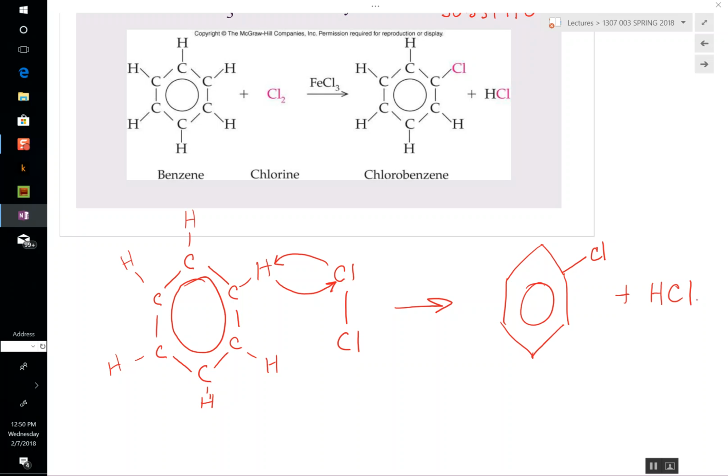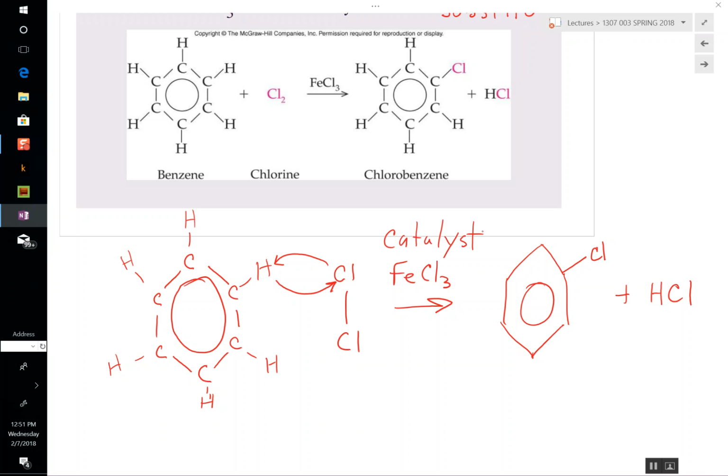Even though the aromatics are in Chapter 11, and Chapter 11 has double bonds, where you've learned that halogens add across a double bond, they don't do that with an aromatic molecule. They substitute. And the iron chloride here is a catalyst. I'm sure there's other catalysts, but this is the common catalyst for halogenating an aromatic.